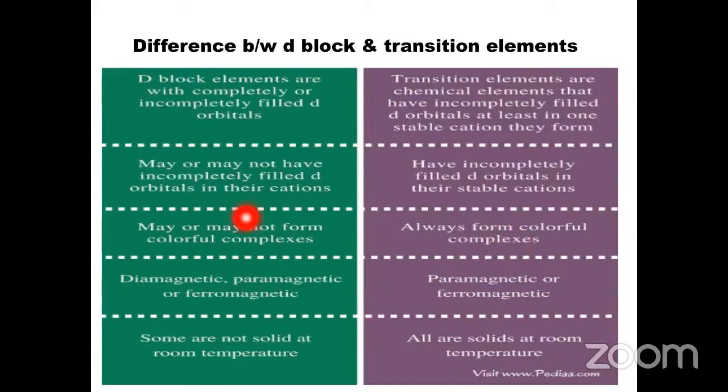D block elements exhibit diamagnetism, paramagnetism and ferromagnetism, but transition elements are paramagnetic or ferromagnetic compounds. Some d block elements are not solids at room temperature, but all transition elements are solids at room temperature. These are the differences between the d block and transition elements.